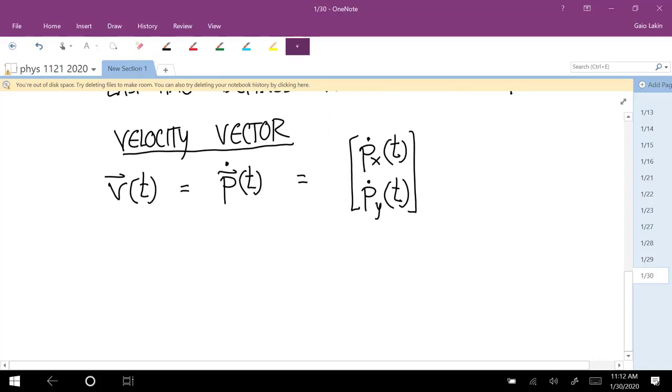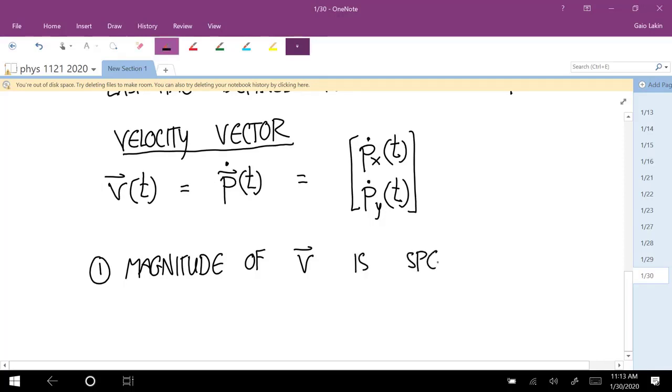The way to think about the velocity vector is like this. Every vector has two pieces of information, two properties, the magnitude and the direction. The magnitude of the velocity vector, and you denote that with the absolute value of the velocity vector, is the object's speed.